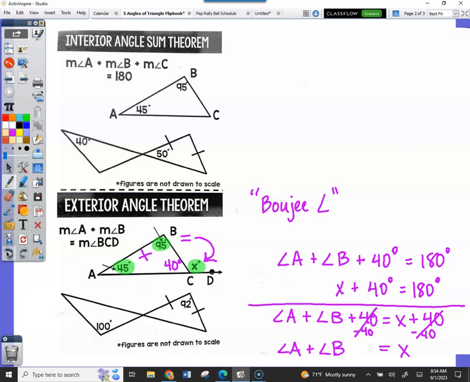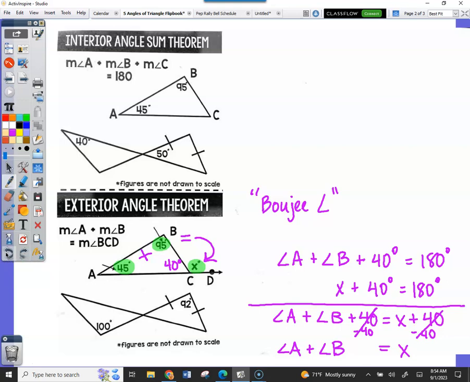Instead of plain numbers, it might be 45x and 95x plus 1. In that case, you don't have enough info. So the bougie angle theorem does come into play, but if it's a triangle where you have just numbers, you really don't even need it, honestly.